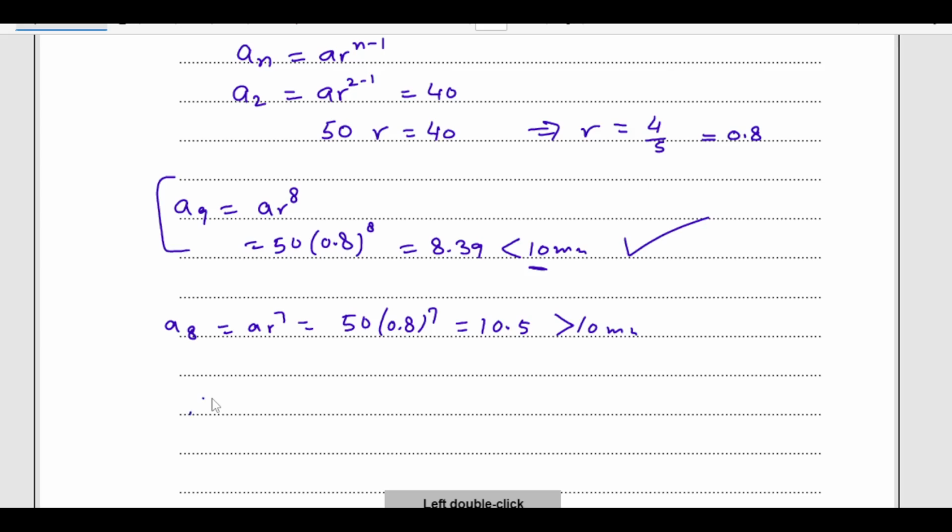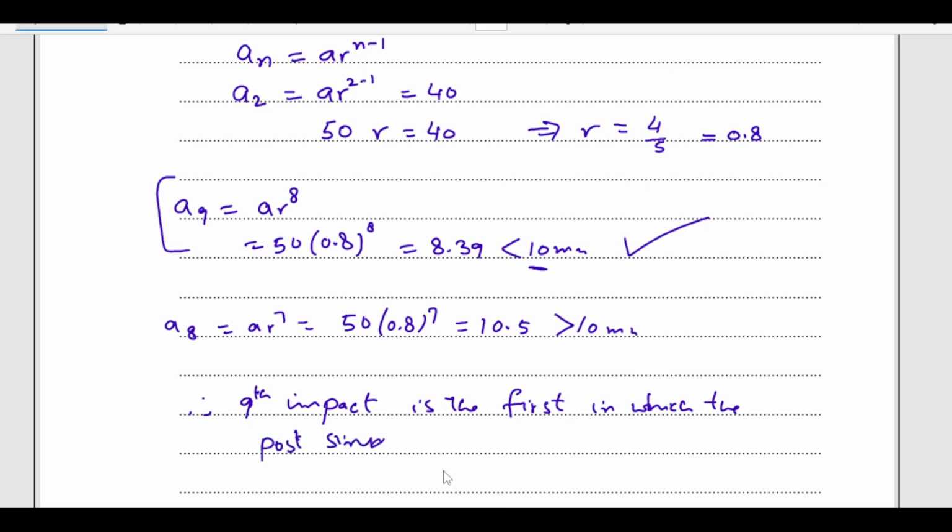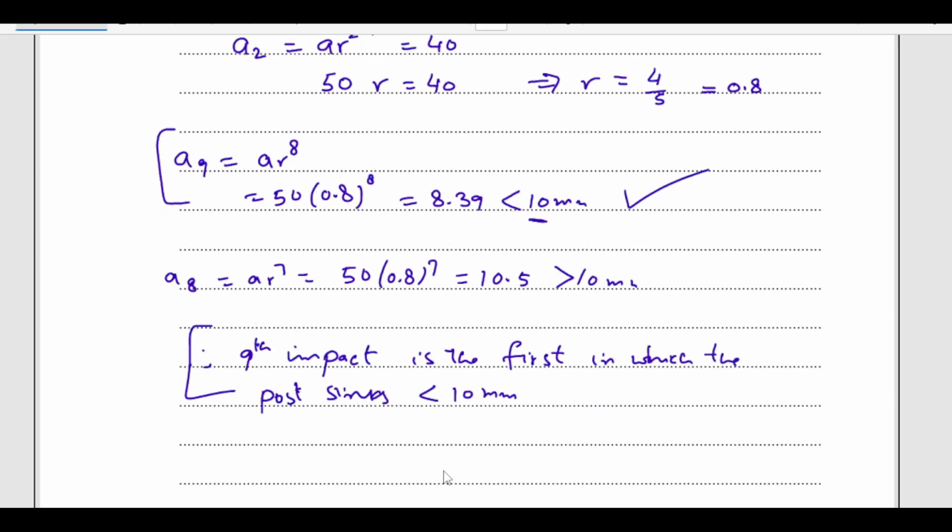So therefore we can write down: the 9th impact is the first in which the post sinks less than 10 millimeters. You can also say that the 9th impact is the required one, right?